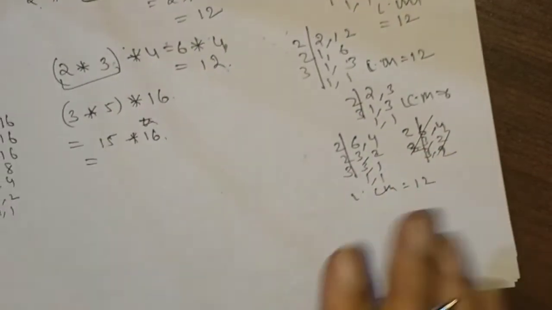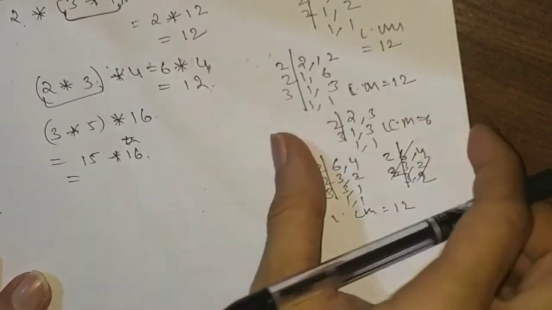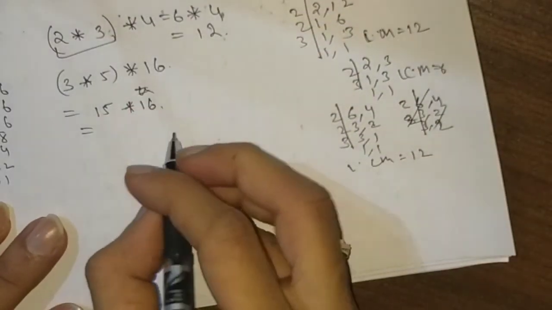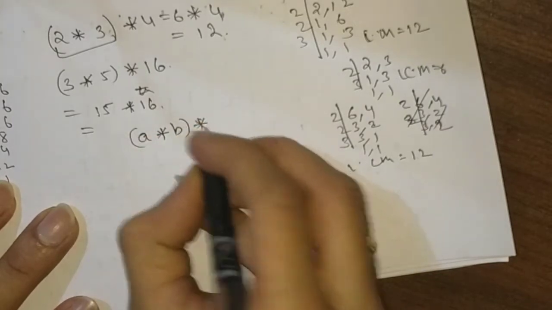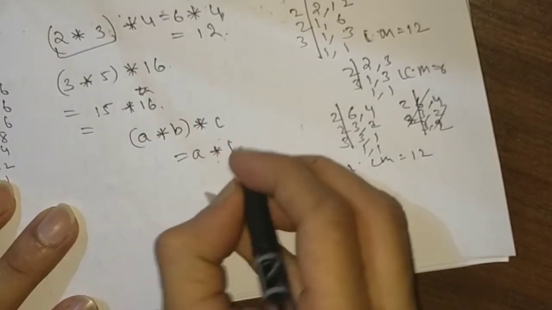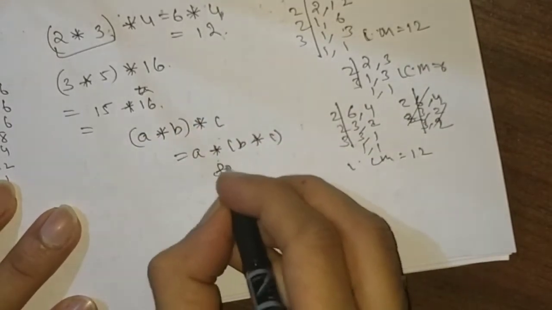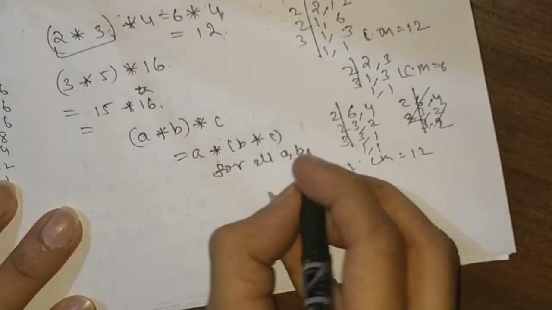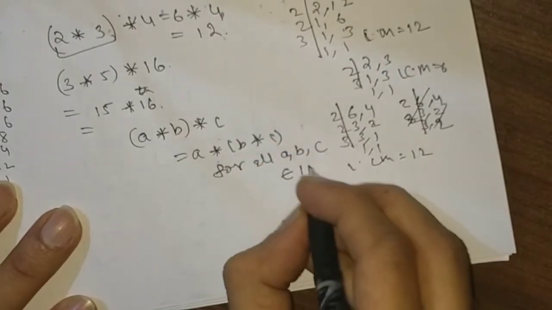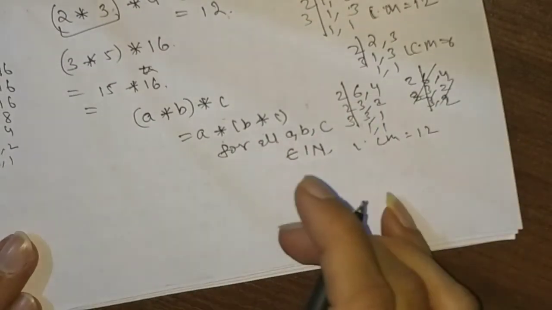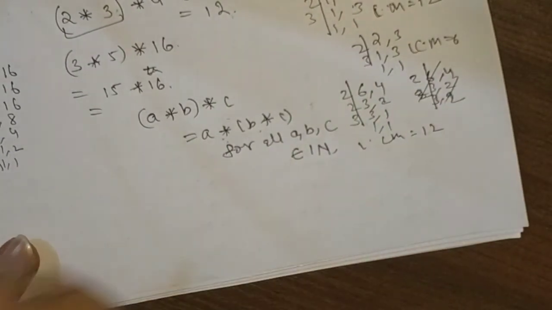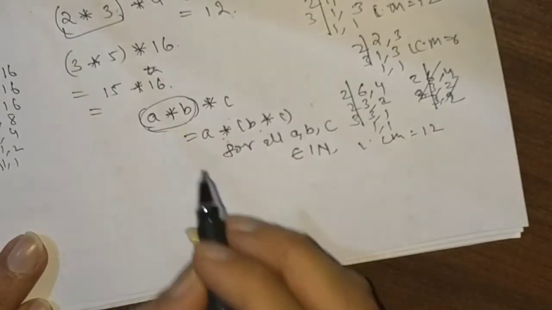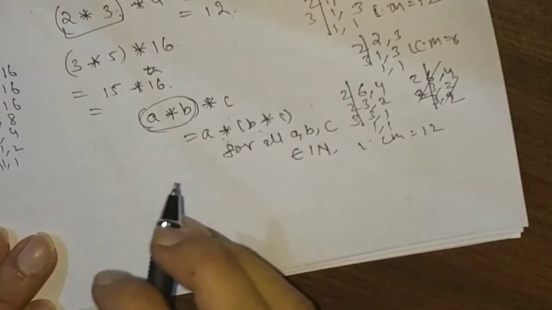Oh yes, the LCM will always be equal here, right? Even if you take any order, it will be equal. So A star B star C will be equal to A star bracket B star C, right? For all A, B, C belonging to the natural numbers. So here the operation is associative, right? For any A, B, C you will get this equal.